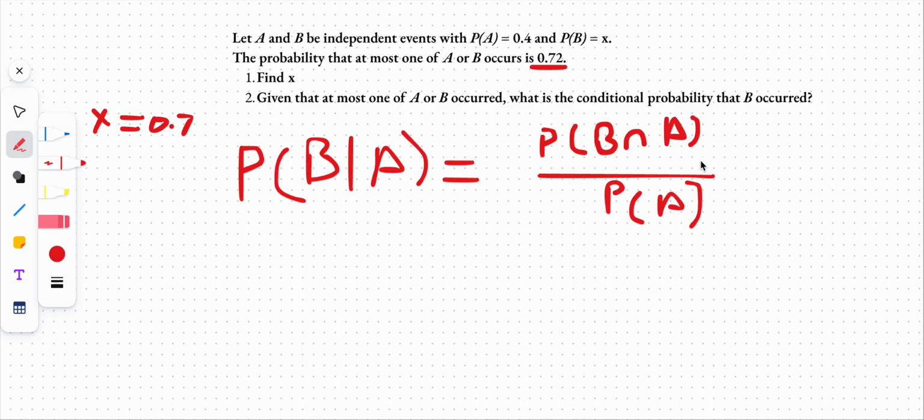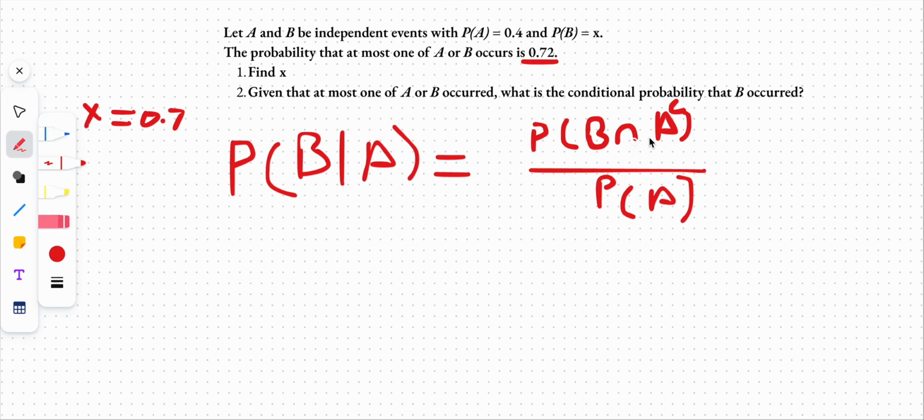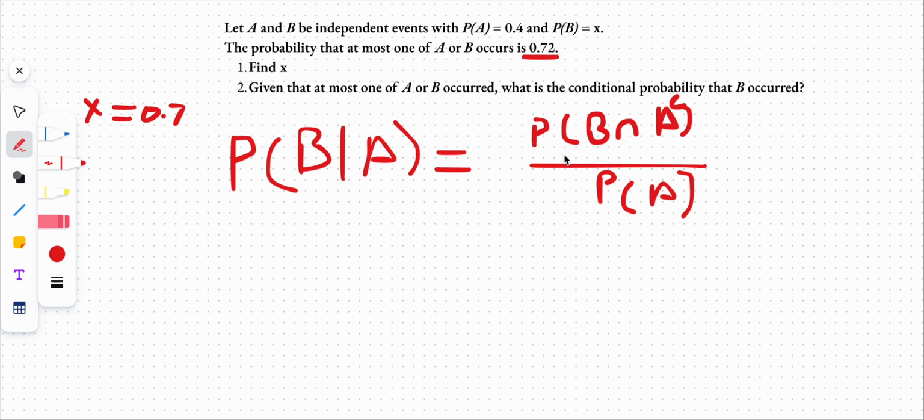But notice here, this is actually going to be a complement, because we're looking for the probability. I should probably explain why.